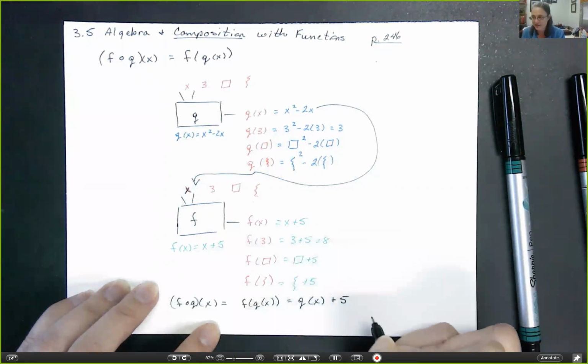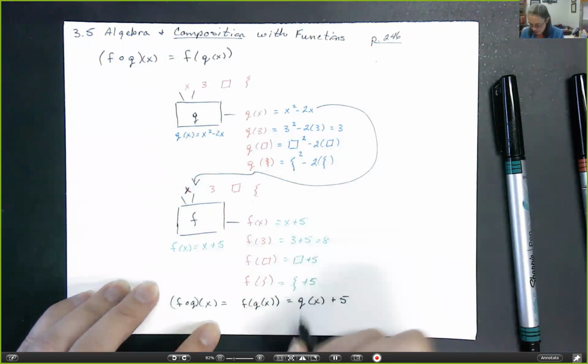G of x is x squared minus 2x, and then we add the 5 from F.